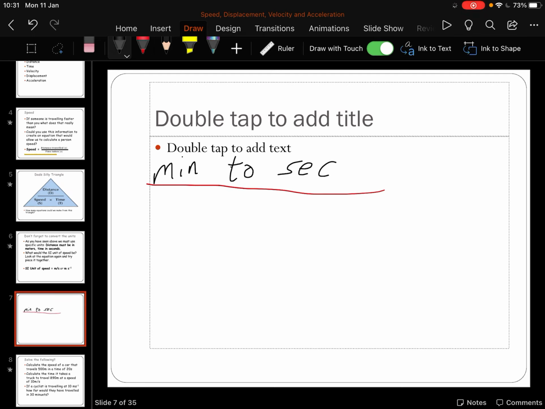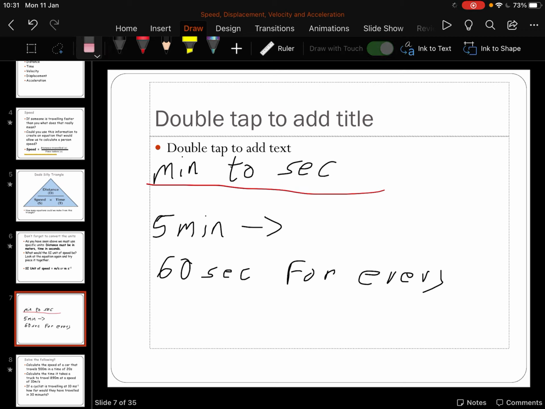If I have 5 minutes and I want you to tell me how many seconds there are, well, how many seconds in each minute? There are 60 seconds for every minute.